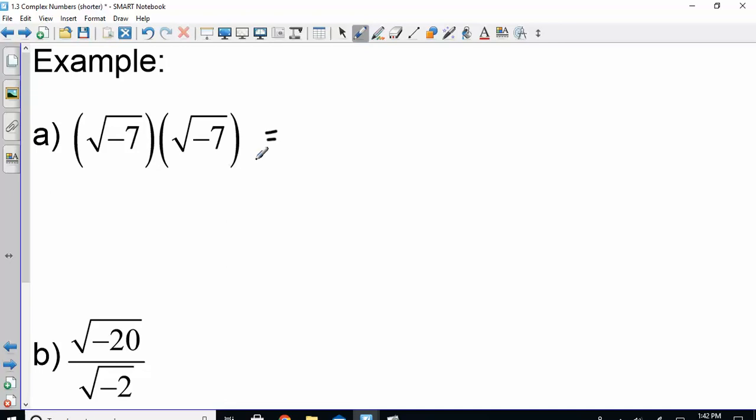So I can't do the square root of -7, but what could I do? We could take out the i, at least, to make it i radical 7 times i radical 7.